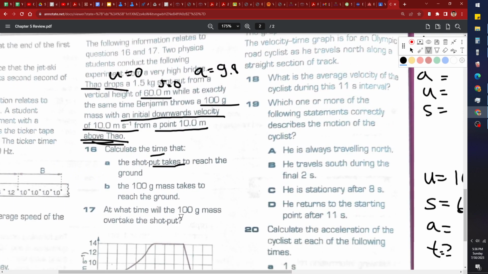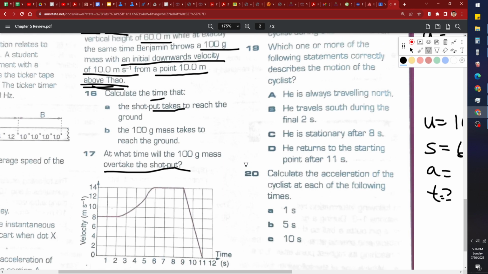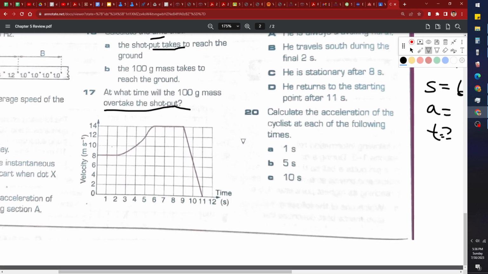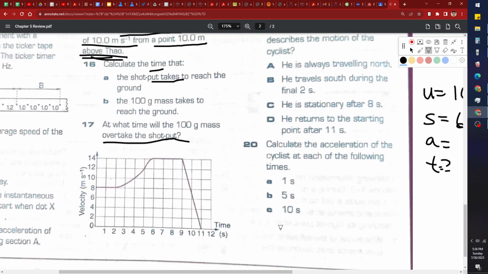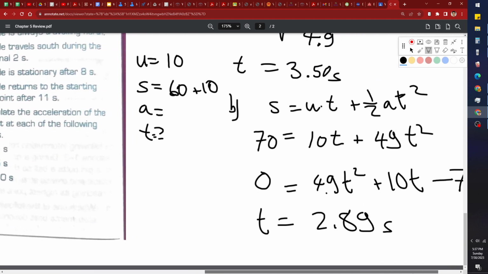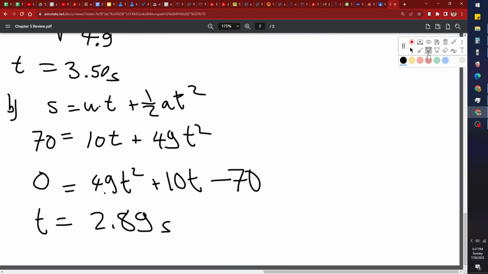Okay, moving on to 17. At what time does the 100 gram mass overtake the shot put? Ooh, okay, so they throw this exactly at the same time. Let's see. Okay, so what information do we know about that? Well, let me move over more.